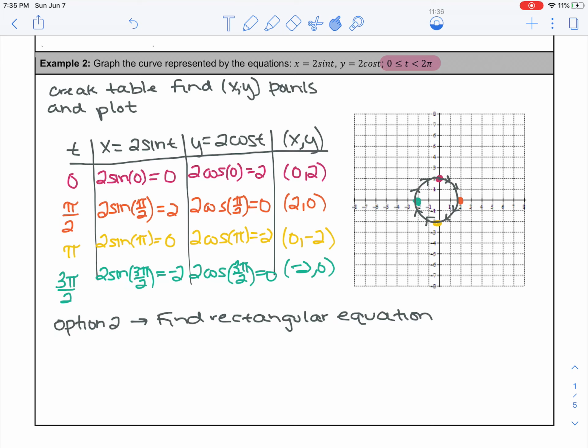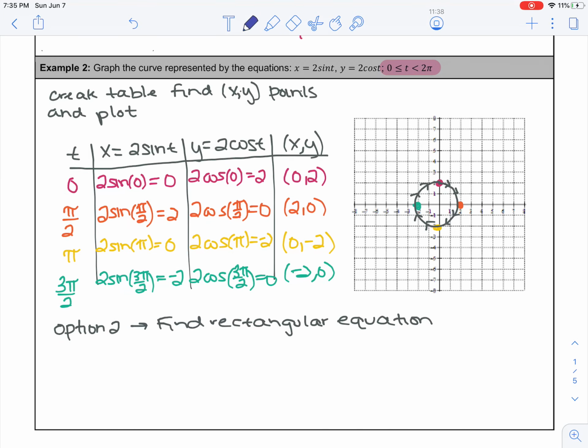We're going to take our x equals 2 sine t equation and our y equals 2 cosine t equation, and work to isolate our trig expressions, the sine of t and cosine of t.